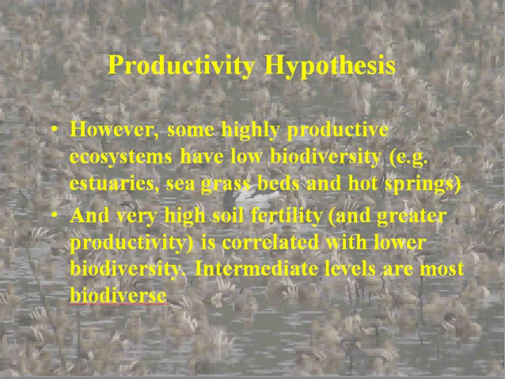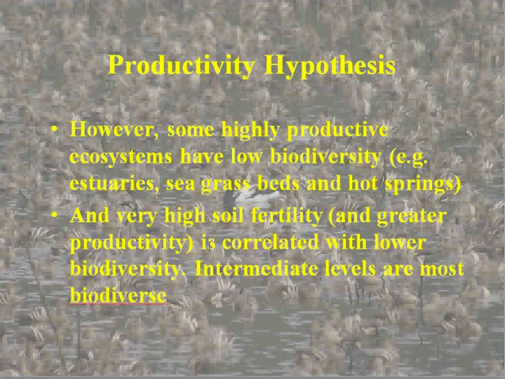Okay, and one of the reasons given to explain this is that the species which are best able to produce with high fertility tend to take over the ecosystem. Okay, why this doesn't occur everywhere, we just don't know. And it seems that intermediate levels of fertility or intermediate levels of productivity tend to be the most biodiverse. Okay?